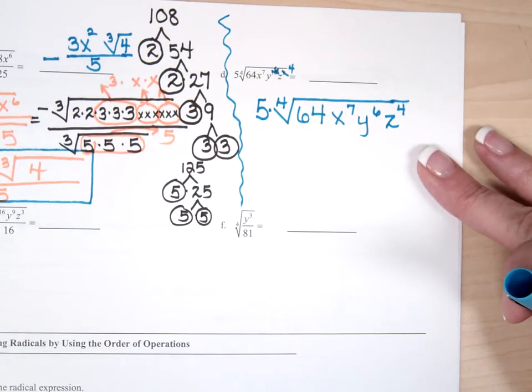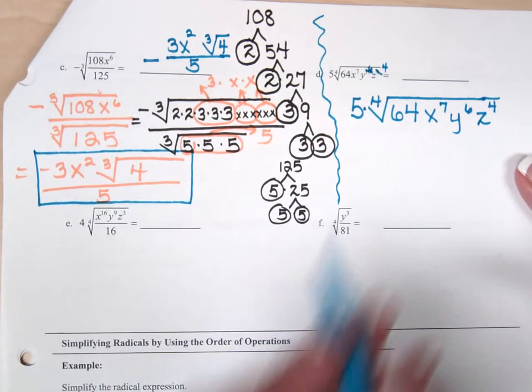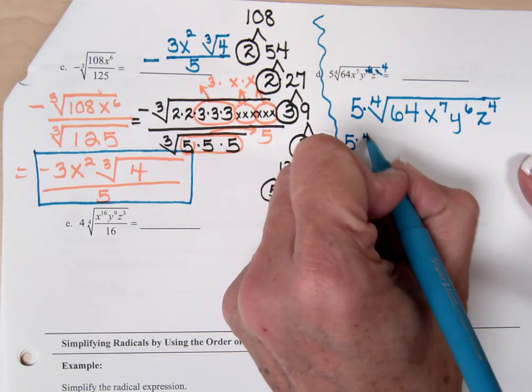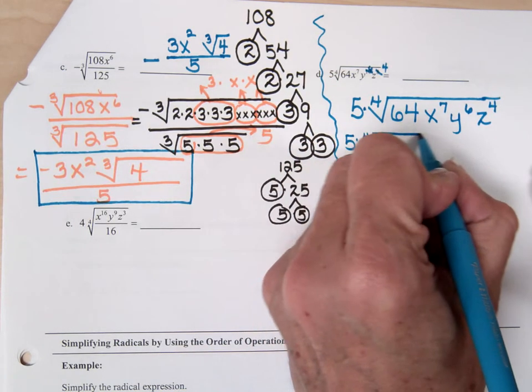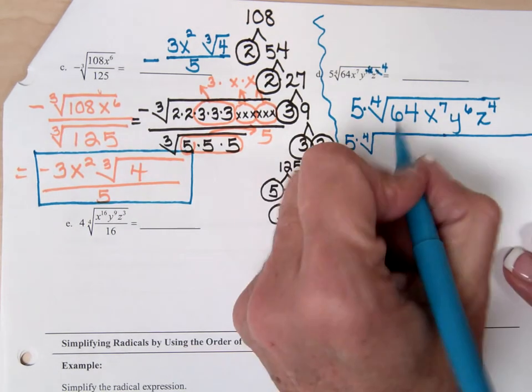Oh, I hope we can fit this all on. We'll see. So 5 times the 4th root. Let's make a big long one. So it's going to be 6 2's.